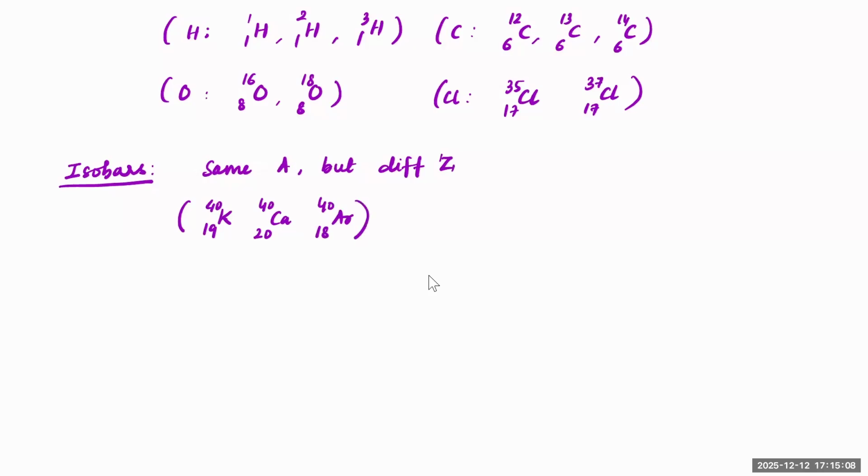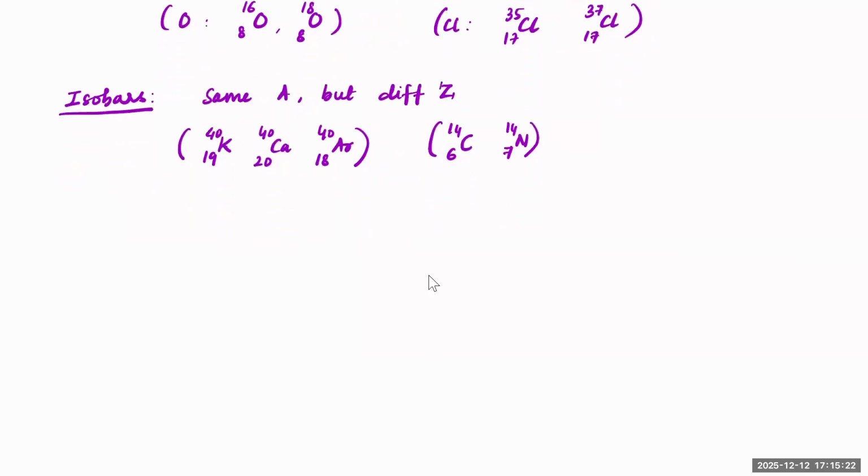So these are isobars. Likewise, we can have carbon with 14 and 6, nitrogen as 14 and 7. So these two are also isobars. Got it? Yes, sir. So I guess this definition is clear, beta.